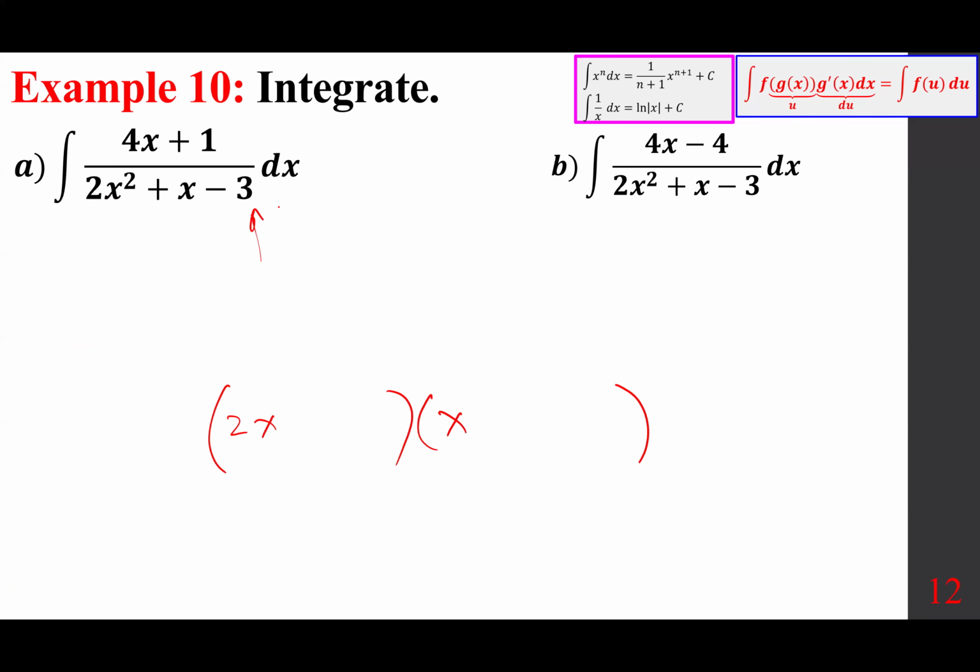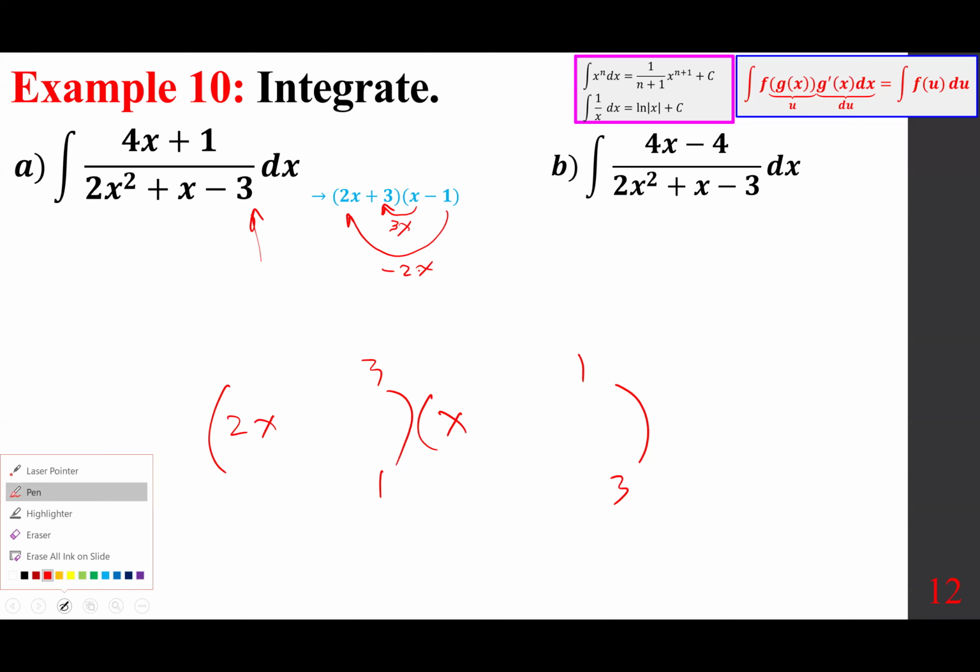This is a prime number, so you have to go with 1 and 3, or 3 and 1, one of them negative. So you do the trial and error, and you check the middle term in the following manner. These two give us 3x. These two give us negative 2x. And the sum of these two must be this. And it is.